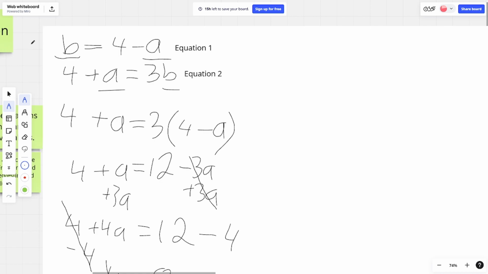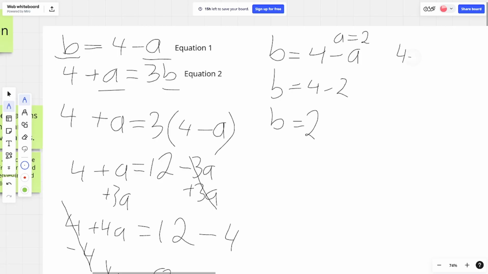So let's take a look at equation number 1. b is equal to 4 minus a, where a is equal to 2. So this would just simply be b is equal to 4 minus 2, and b is equal to 2. Now let's do that for our second equation. 4 plus a is equal to 3b.